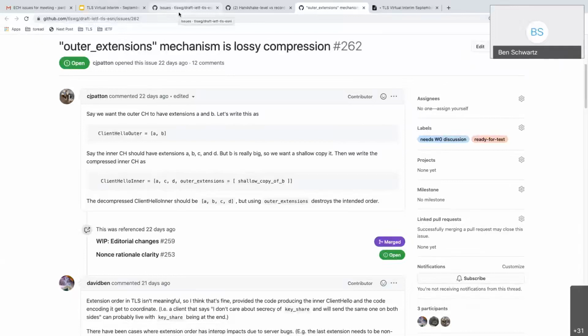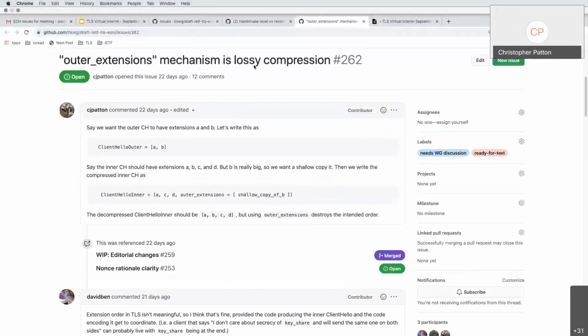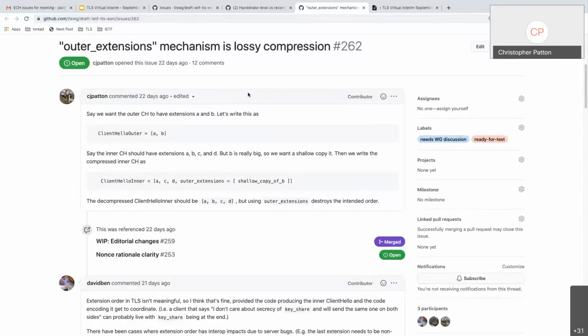That's a good question. The thing I worry about is there's already a rule in 8446 that says when you can send a pre-shared key extension, in what order in the client hello. I worry about messing things up if our transformation of client hello inner to compressed client hello inner changes the order of things, as that could change the expectations of the client and mess up logic on the client side.